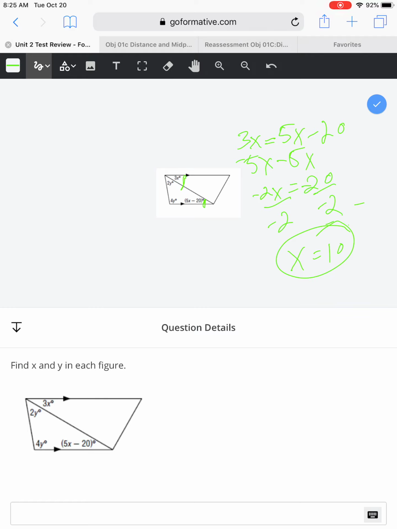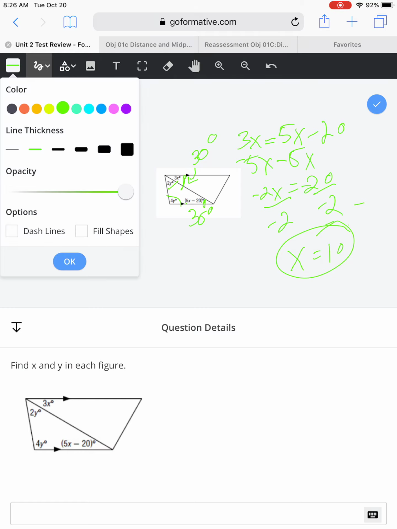So that's actually pretty helpful in two ways. You can use that information. If x is equal to 10, then it's going to be 50 minus 20, so this angle right here would be 30 degrees, and you know that the three angles in a triangle add to 180. You also know that this angle right here is 30 degrees.